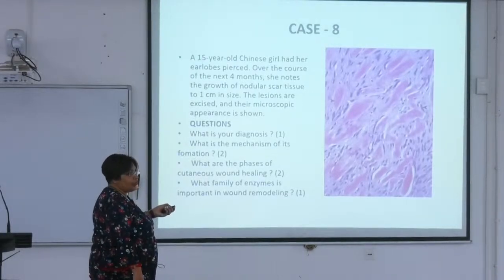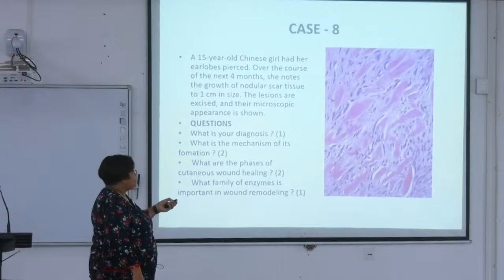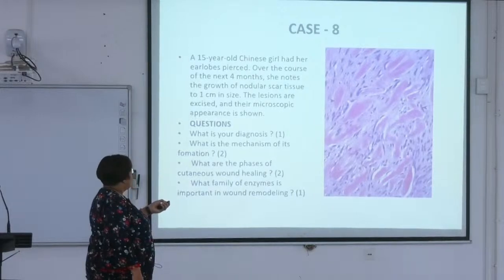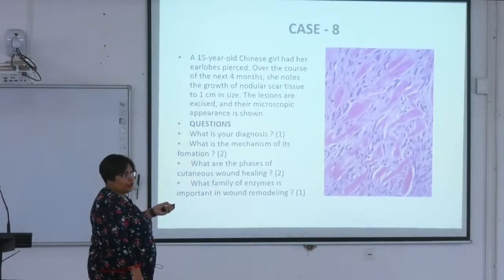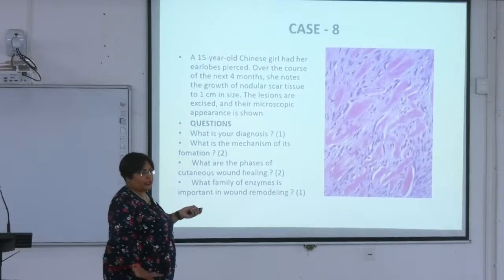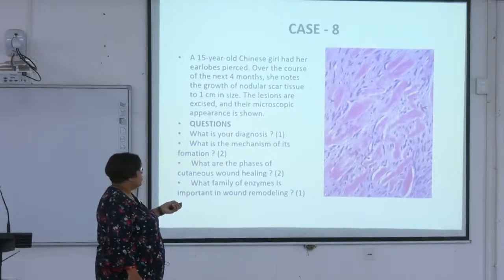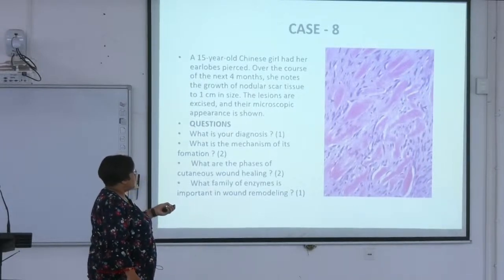This is not keloid, this is hypertrophic scar. You don't perform a surgery on a keloid. In case of keloid, surgery is contraindicated, so don't confuse it with keloid. You tell it as hypertrophic scar.